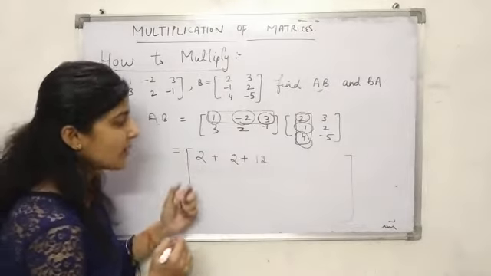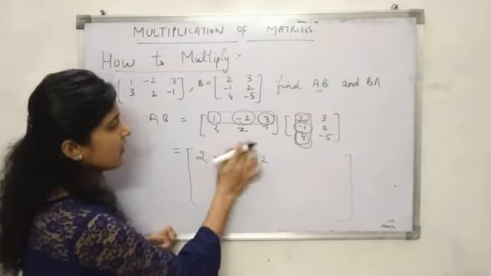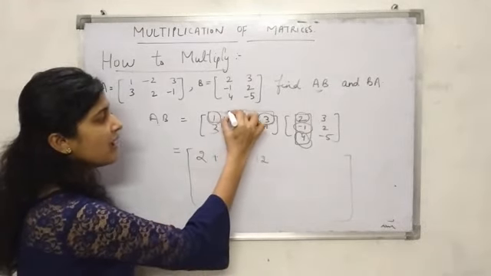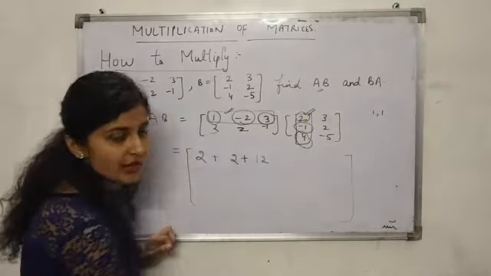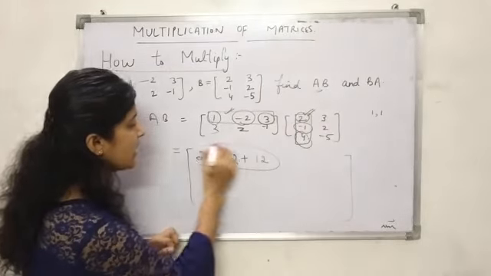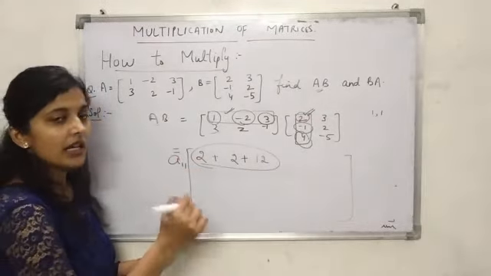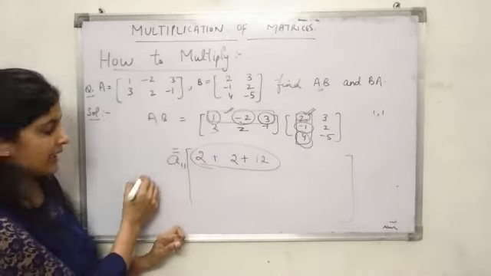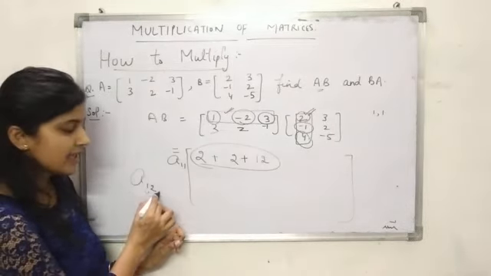Clear? Now what about the second entry? If we pick the first row and first column, it will be the first entry, that is A11. Now, if I am going to find A12, A12 means first row and second column.